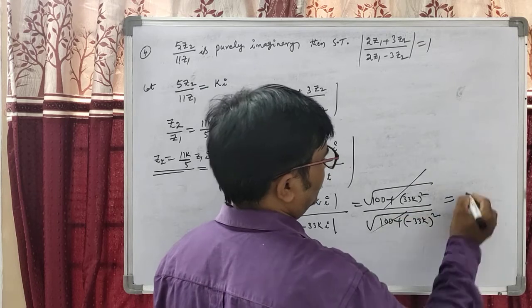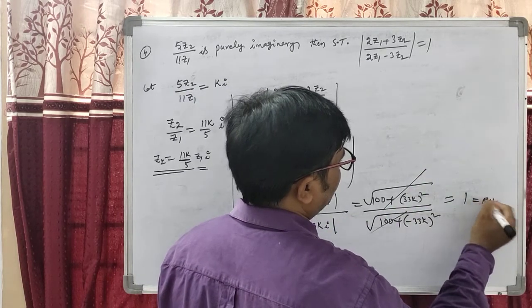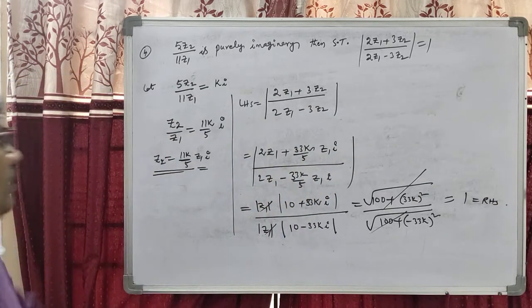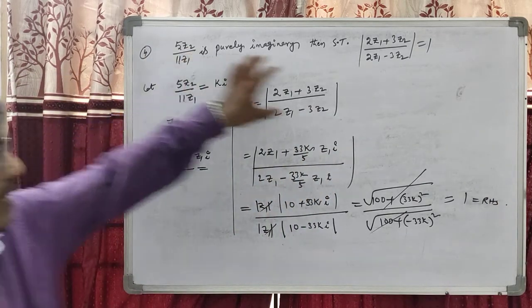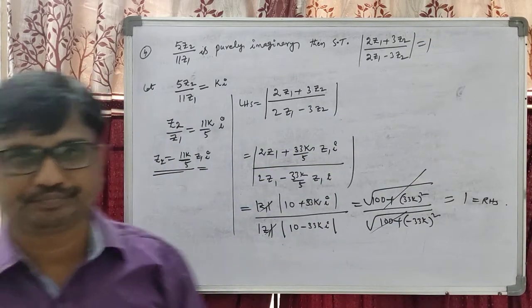These two are cancelled and we get 1. That is the right hand side. So when it is purely imaginary, its modulus value equals 1. Okay students.